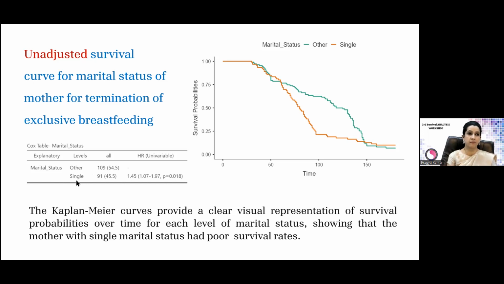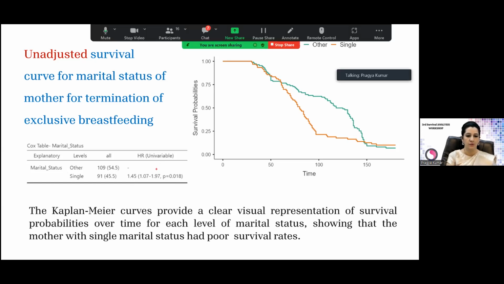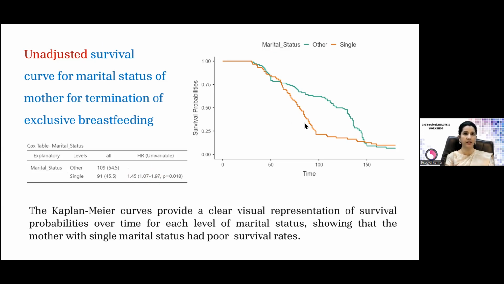Single means the mothers are not married. The hazard ratio, the HR, which is univariable, means it is unadjusted, because we are taking only one explanatory variable. This is 1.45 with a confidence interval of 1.07 to 1.97 with a significant p-value. So this is your unadjusted hazard ratio, and this is your unadjusted survival curve.